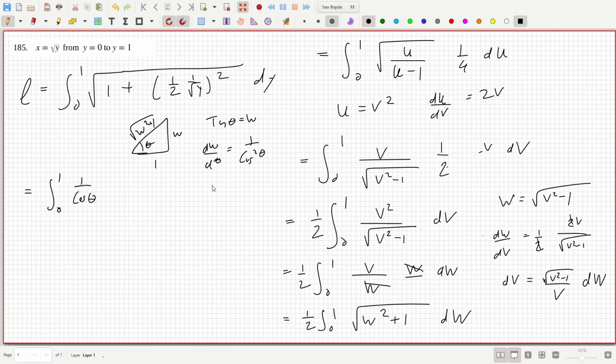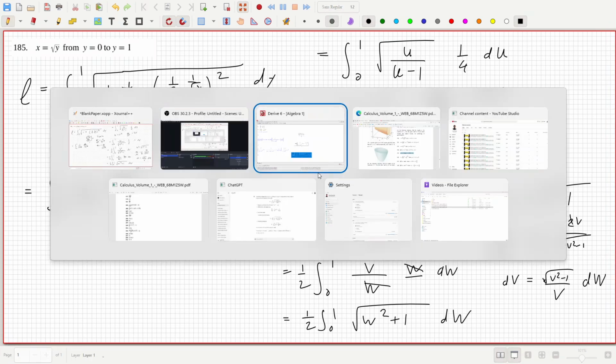So that means dw is d theta over cos squared theta. So this root is 1 over cos, and then the dw is d theta over cos squared theta. Oh dear. Hang on. I think I've done something wrong. Let me pause for a moment.